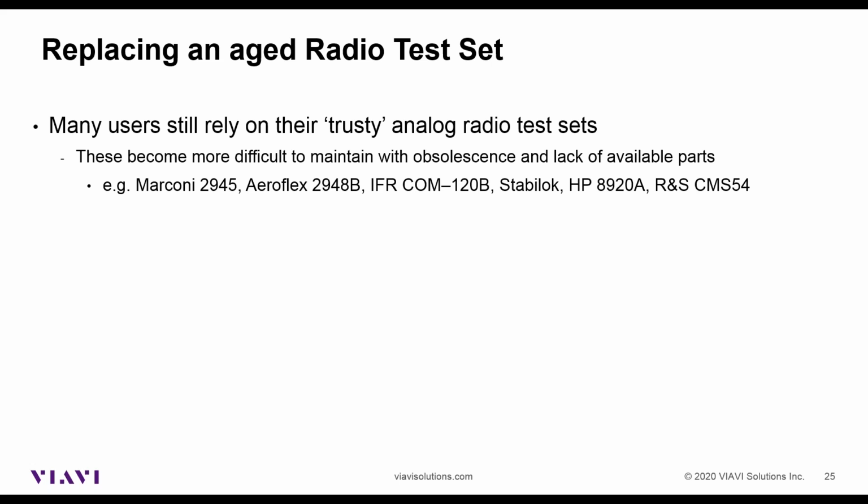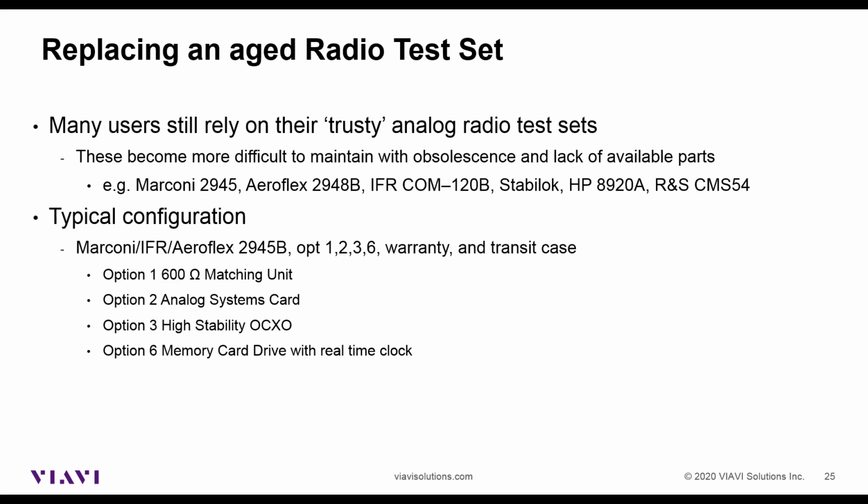So if you want more accuracy on those AM depth measurements, you need to use the more modern, what I call digital radio test sets. Here's just one example that a customer wanted, and this is a major national civil aviation authority somewhere in the world.